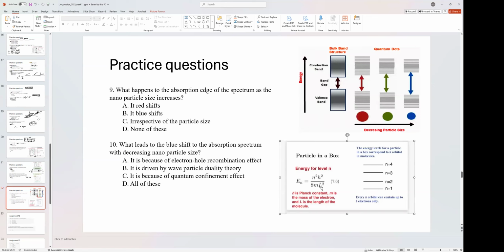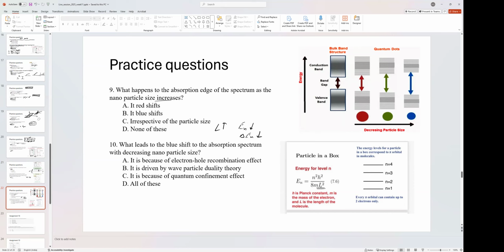Particle in the box: energy is inversely proportional to L squared. As you're increasing the particle size, L is increasing, the energy level En is decreasing, so delta En is also decreasing.